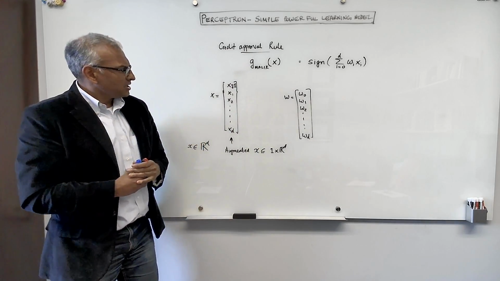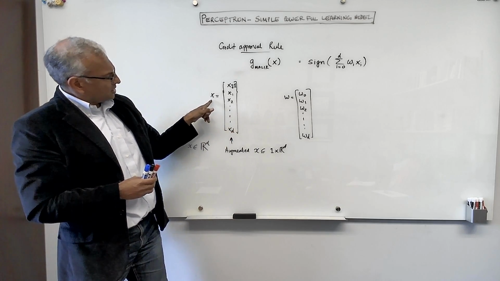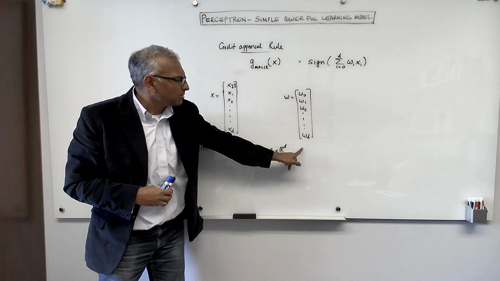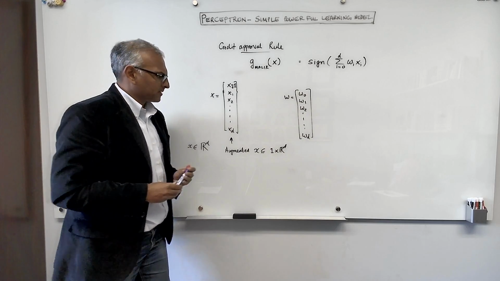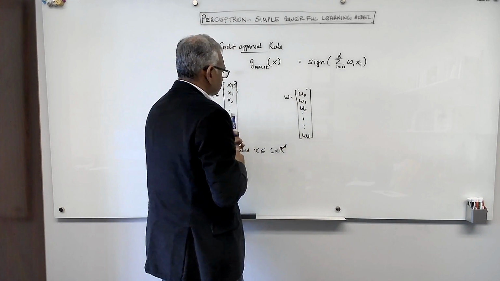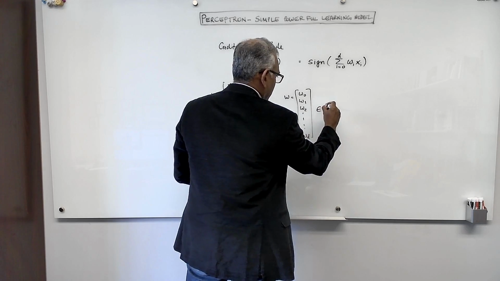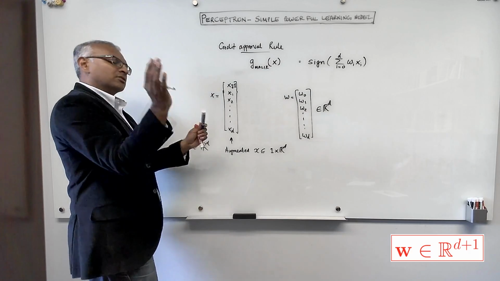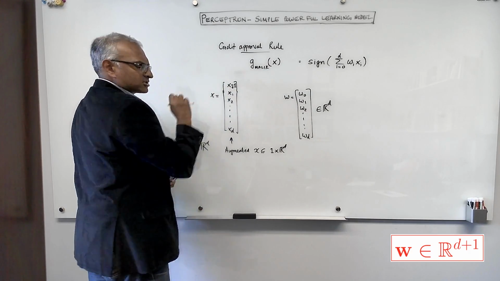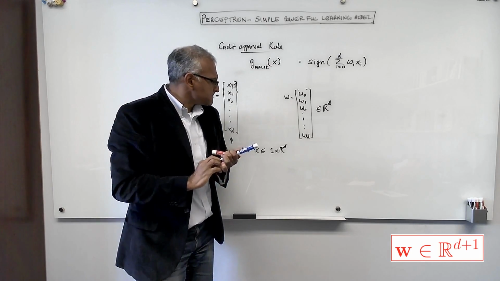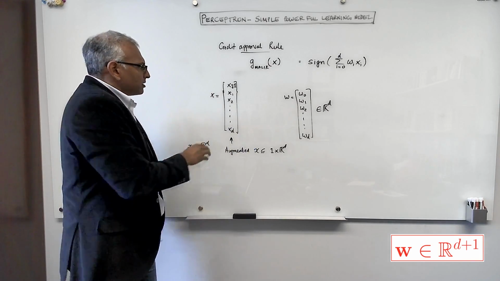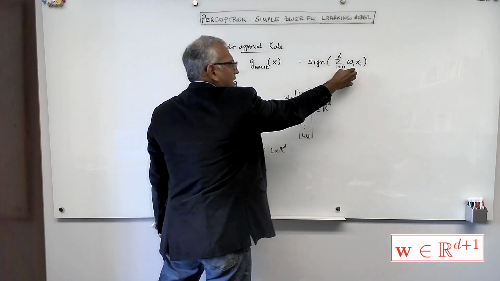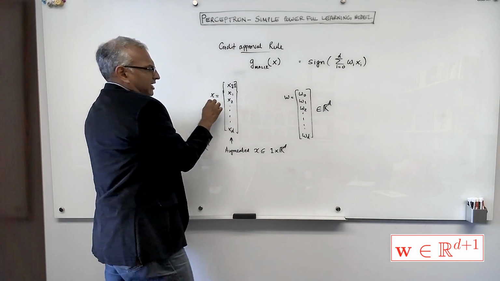And why is that nice? That's nice because now the input vector x and the set of importance vectors w have the same dimension. So this is now in R to the d plus 1. This is also d-dimensional, but it's a special d-dimensional space. It's not the general d-dimensional space. The first component is always 1. So why is that convenient? Because with this representation of x and w, where the first component is always 1, this sum is exactly the inner product of x and w.